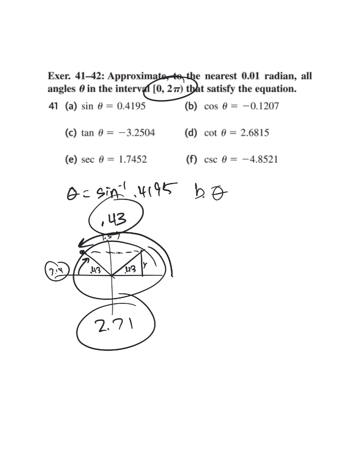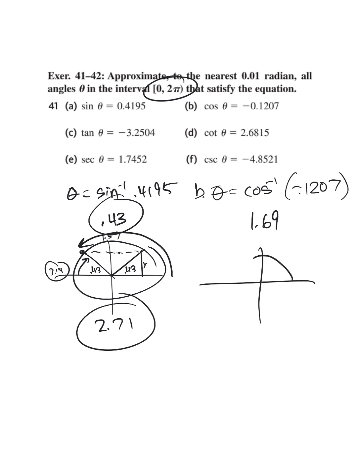Part B, take the arc cosine of negative 0.1207, and you get 1.69. We're in radian mode. 1.69 is going to be just past the 1.57. That was the arc cosine, 1.69, so this is x.